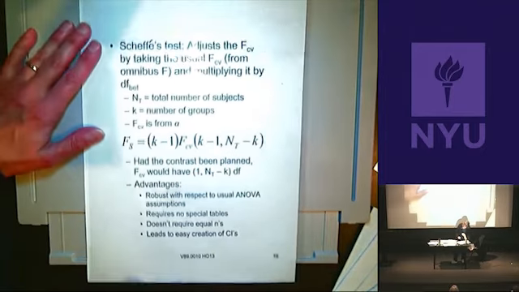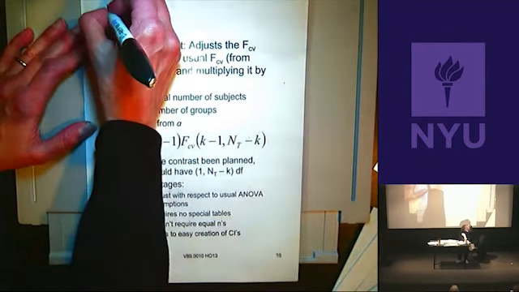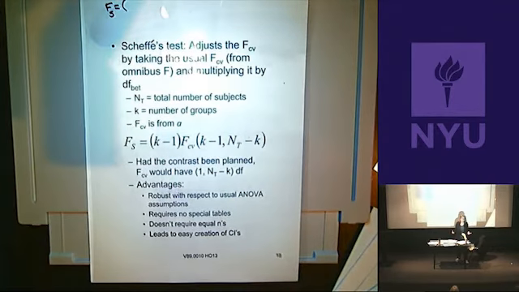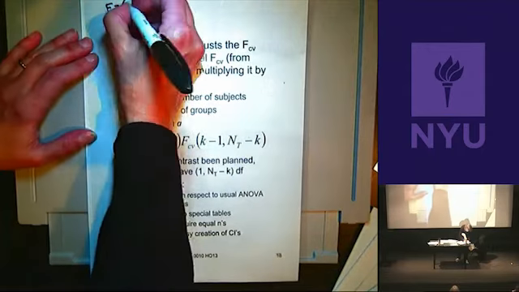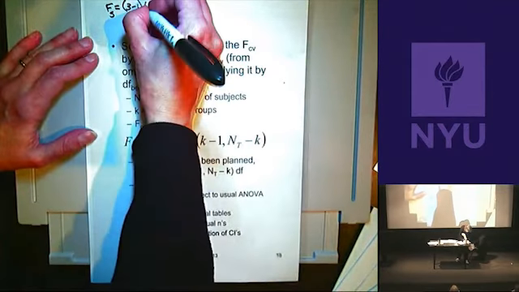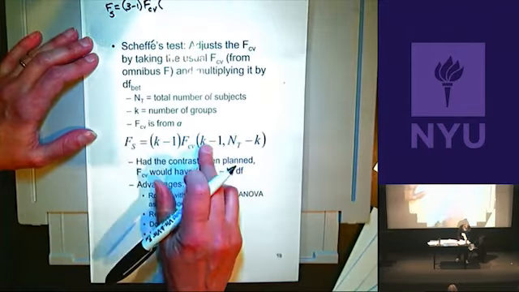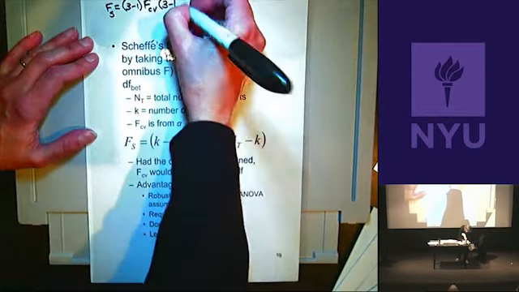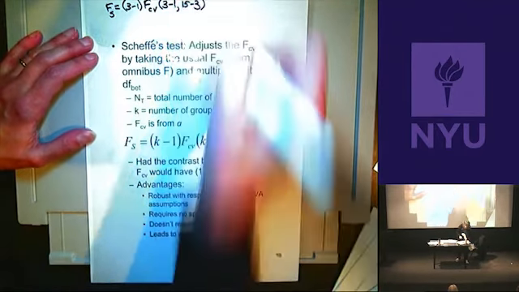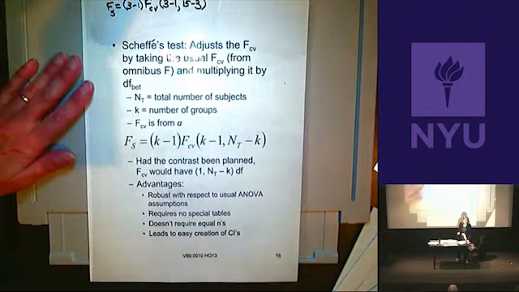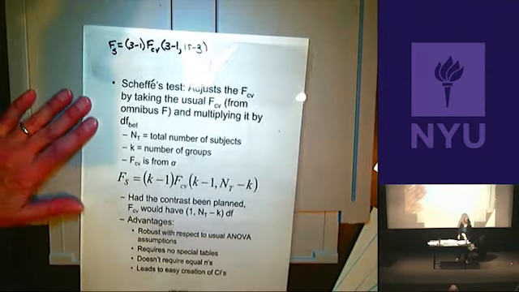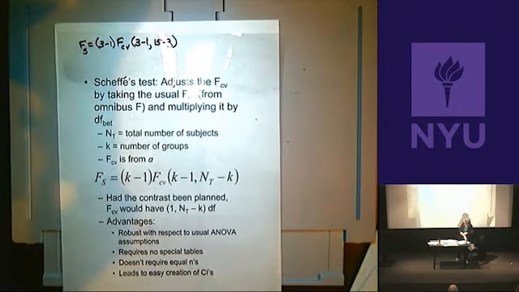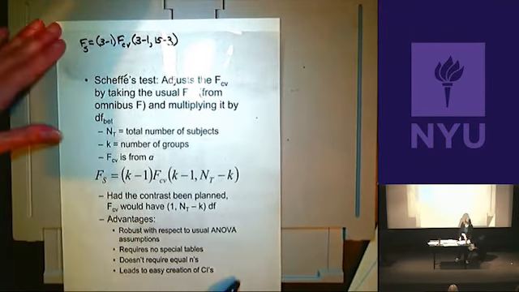So for example, in this study, how many groups were there? 3. So you're doing 3 minus 1 times a critical value with 3 minus 1 and 15 minus 3 degrees of freedom. This should look familiar.